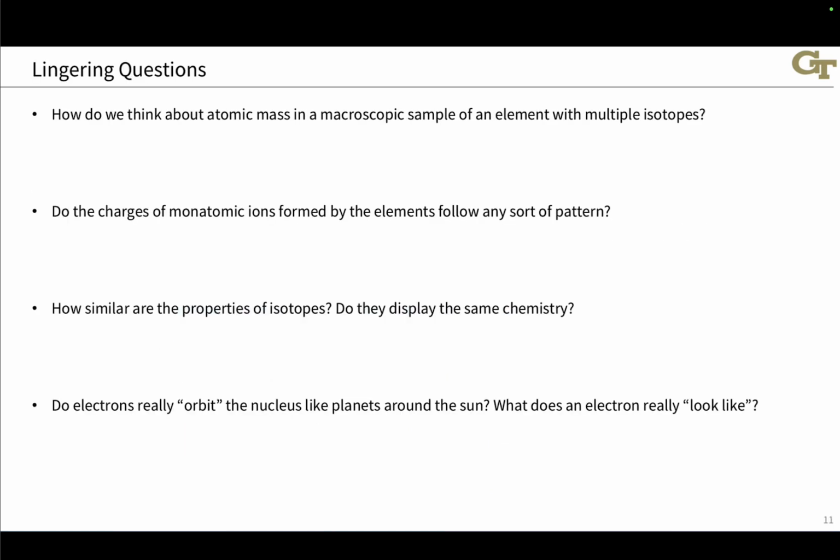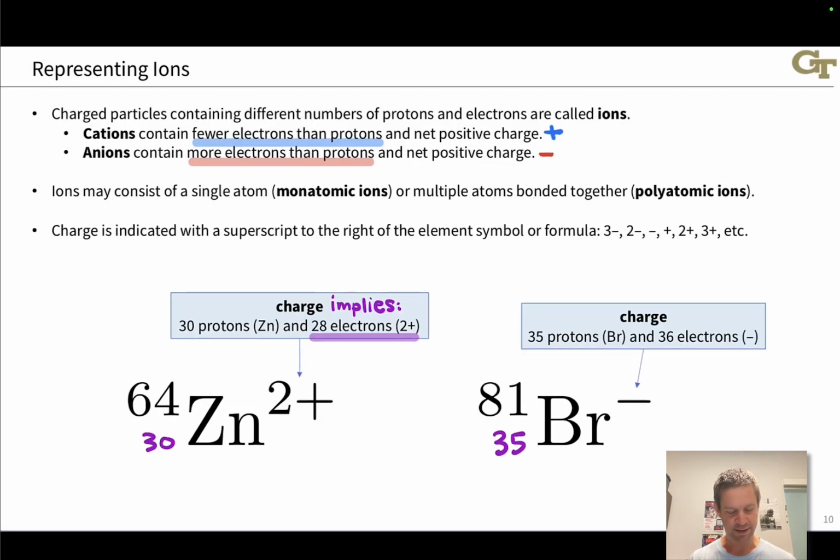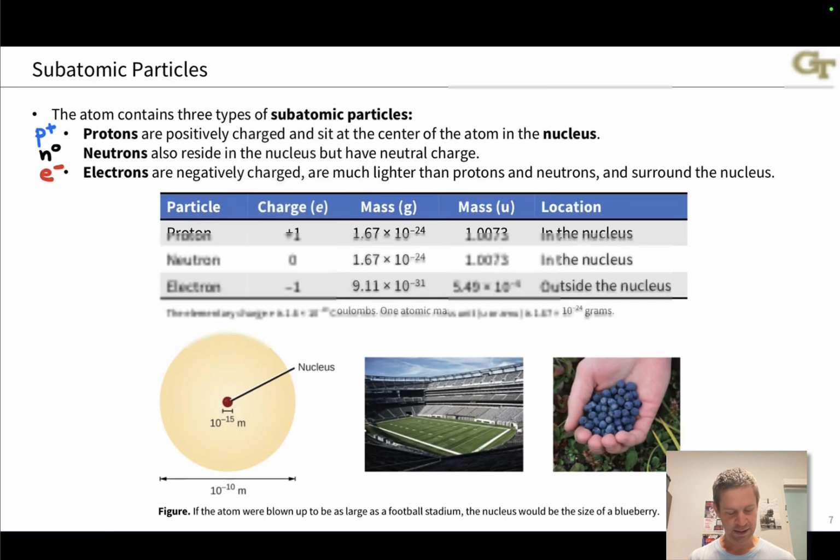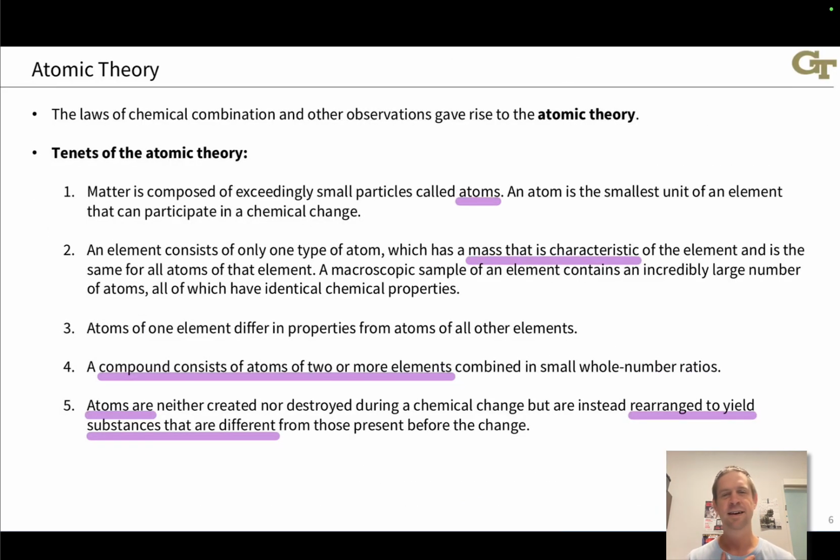Let's end here with our first set of lingering questions about the atomic theory, atoms, and the representations of atoms and ions. The first question here is, how do we think about atomic mass in a macroscopic sample of an element with multiple isotopes? If we roll back to the atomic theory, it's actually a little bit interesting, now that we've discussed isotopes, to think about this idea right here, that the mass that is characteristic of an element is the same for all atoms of that element.